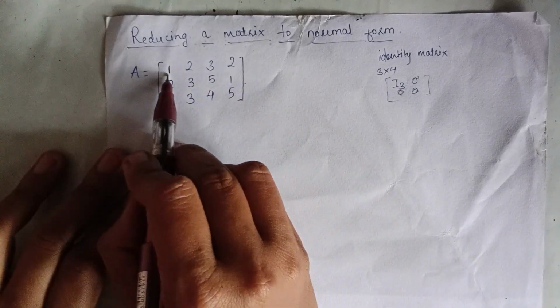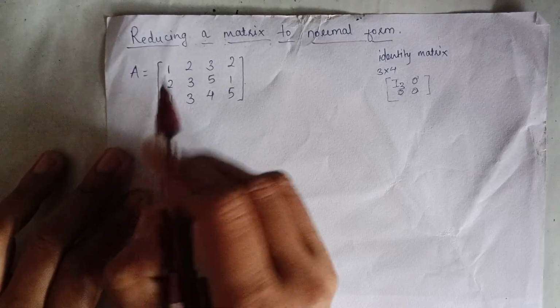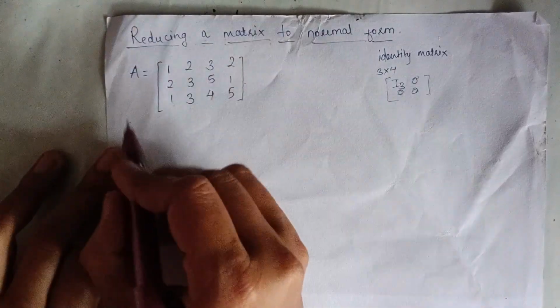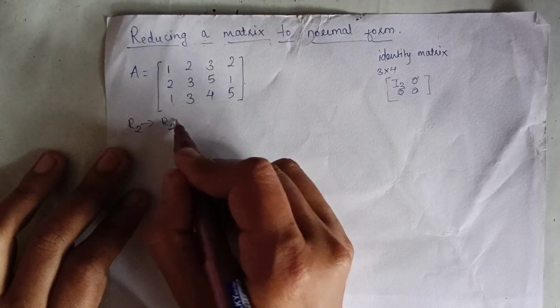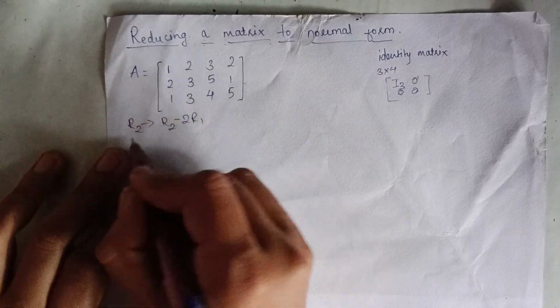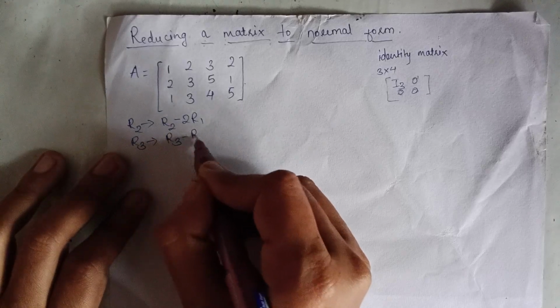First, this is already 1, so this is the fixed element. You have to make this 2 as 0. So using row operations, R2 changes to R2 minus 2R1, and R3 changes to R3 minus R1.